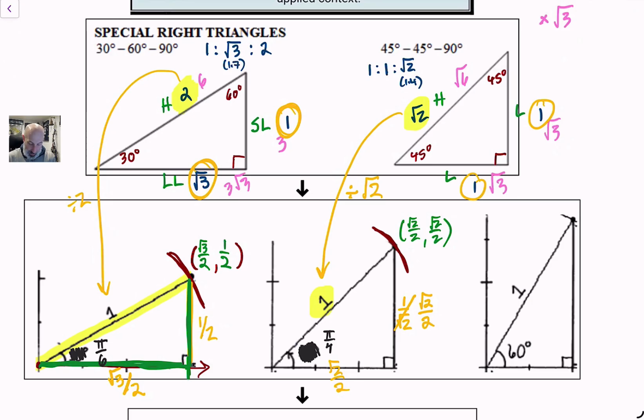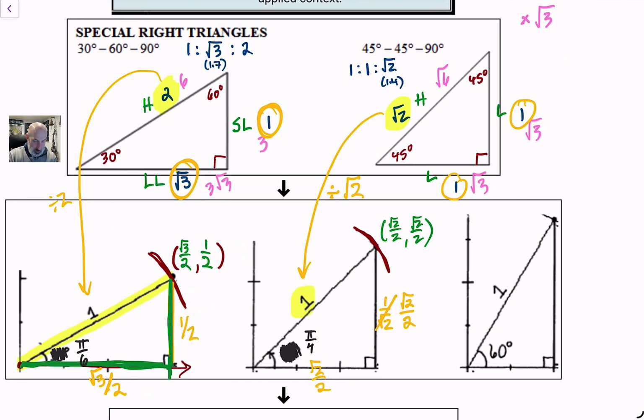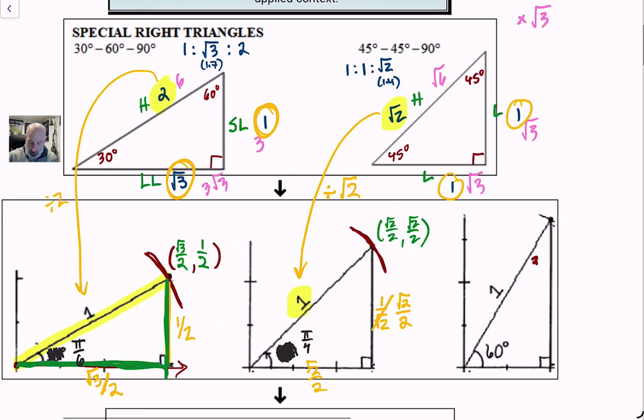And then with our last triangle, this is a 60-degree angle, a pi over 3 in a moment. But that means this other angle up here is 30. So we have the 30, 60, 90 triangle just kind of distorted a little bit. Rotated, reflected, something like that. The important thing is the sides are still all going to be the same, right?